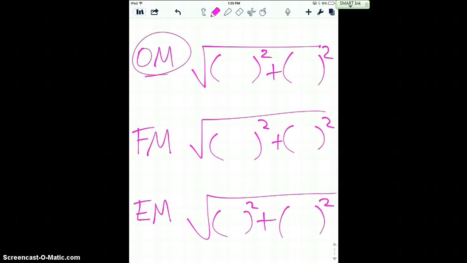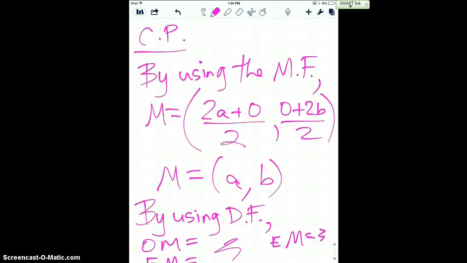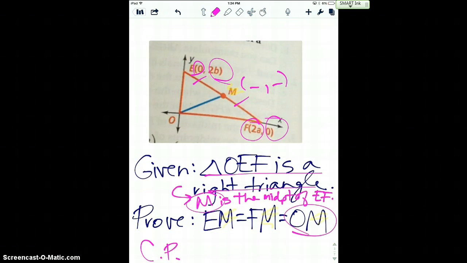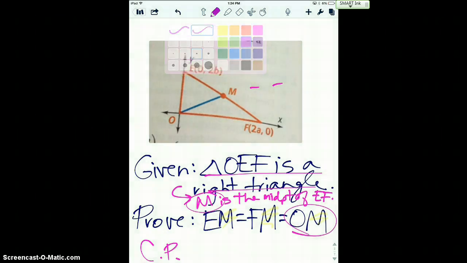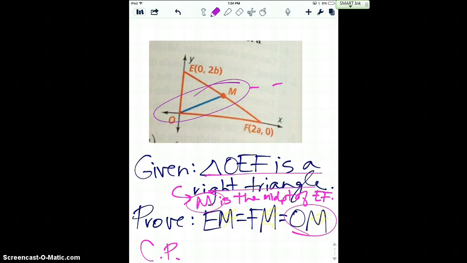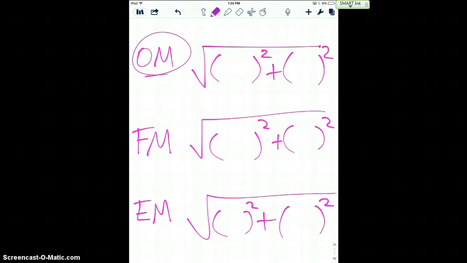So if I go look back at OM in the picture, OM here, I need the distance. Well, I have 0, 0, and I have my M coordinate, which we found out was a, comma, b. So I'm going to need to take my x coordinates and subtract them and square them, and take my y coordinates and subtract them and square them. So I could do 0 minus a and 0 minus b and square both those.